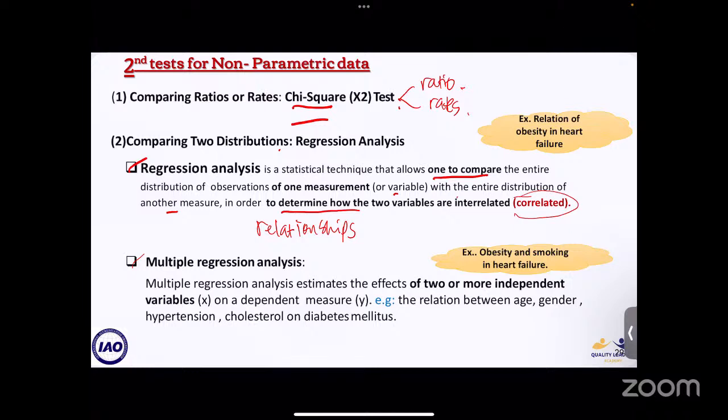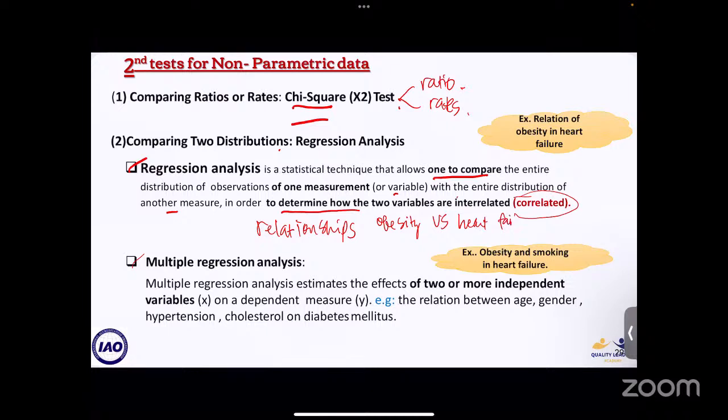When we say regression analysis, this is a simple analysis used to study the relationship between two variables. So the example for this is studying the relationship between obesity and heart failure. Obesity versus heart failure.